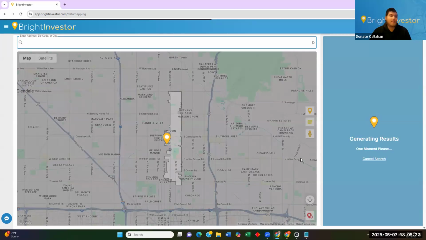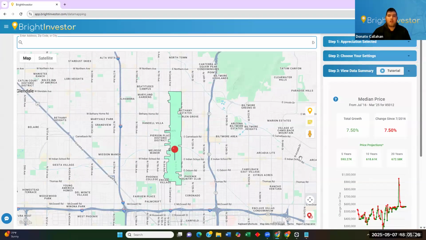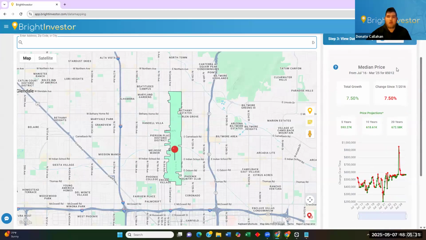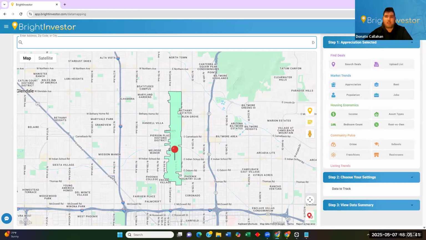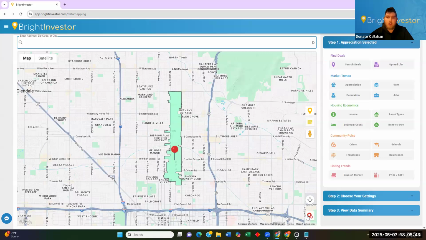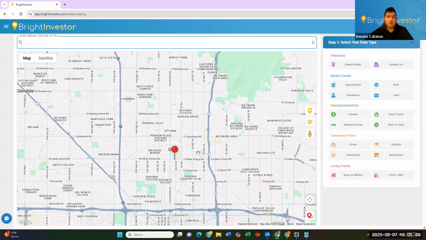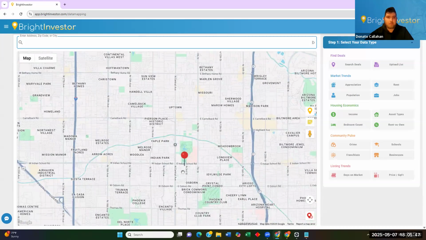Instead, it will skip that entire section and allow me to just start getting my results. So if you don't want to have to do those clicks every time, turn on speed mode and bypass any of the search criteria and just use your defaults. You don't have to use it, but it is there for you. If you ever see that option to save settings for speed mode, all you're doing is saving your defaults for the system.